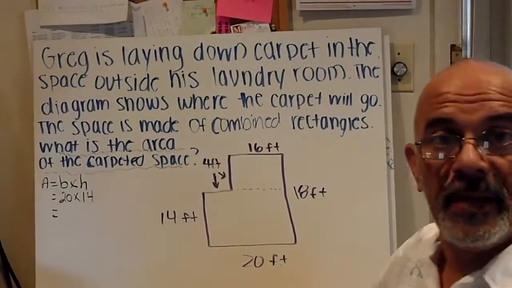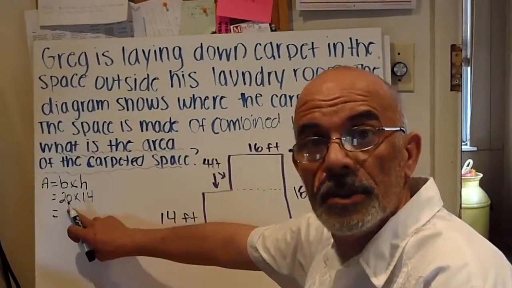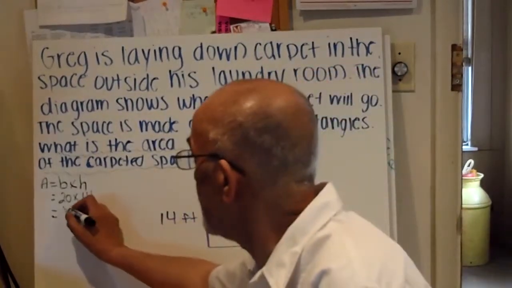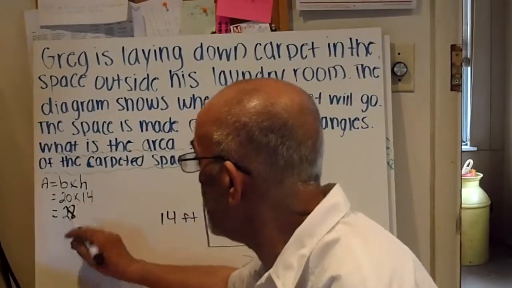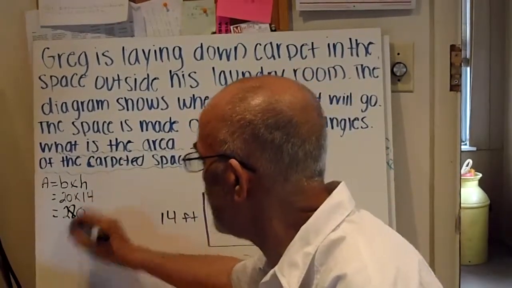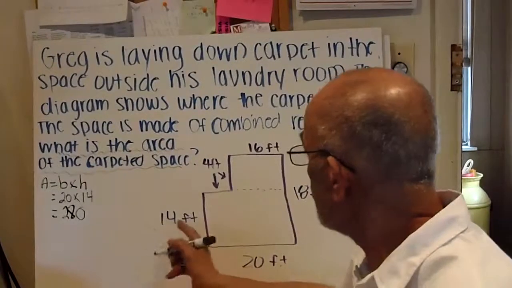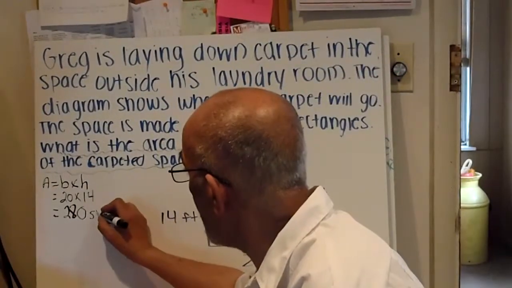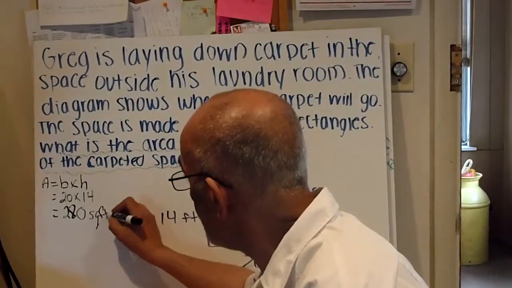Let's do a little mental math here. 2 times 14 is 28, and we just add the zero. 280 square feet.